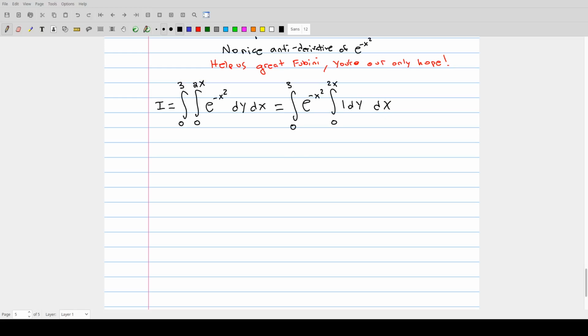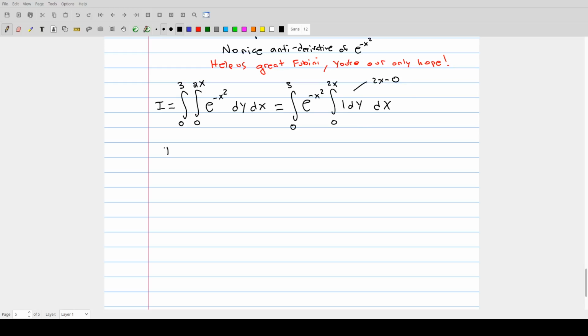And, well, we can now at least do the inner integral with respect to y, because this is just the integral of the constant function 1. So the antiderivative of 1 with respect to y is y. Plugging in the top bound and the lower bound ends up giving us 2x minus 0.